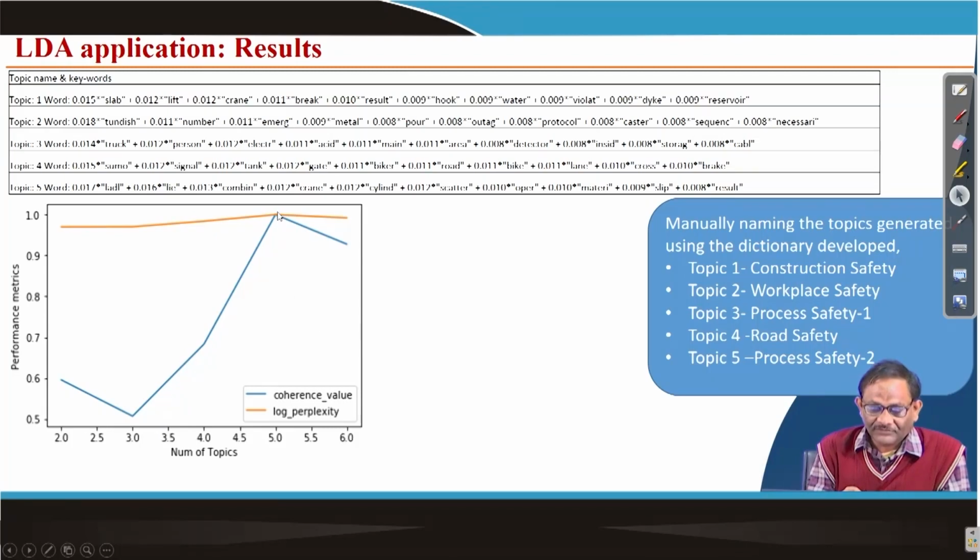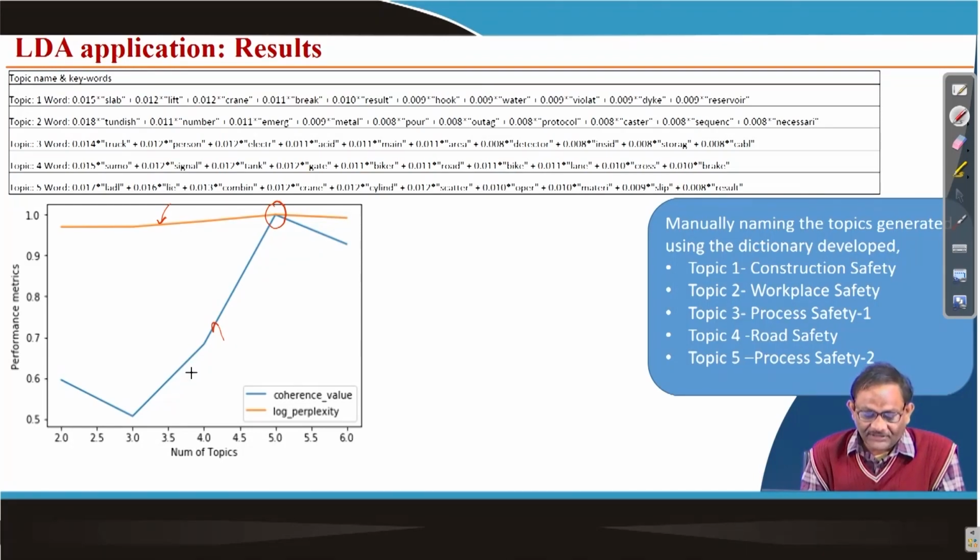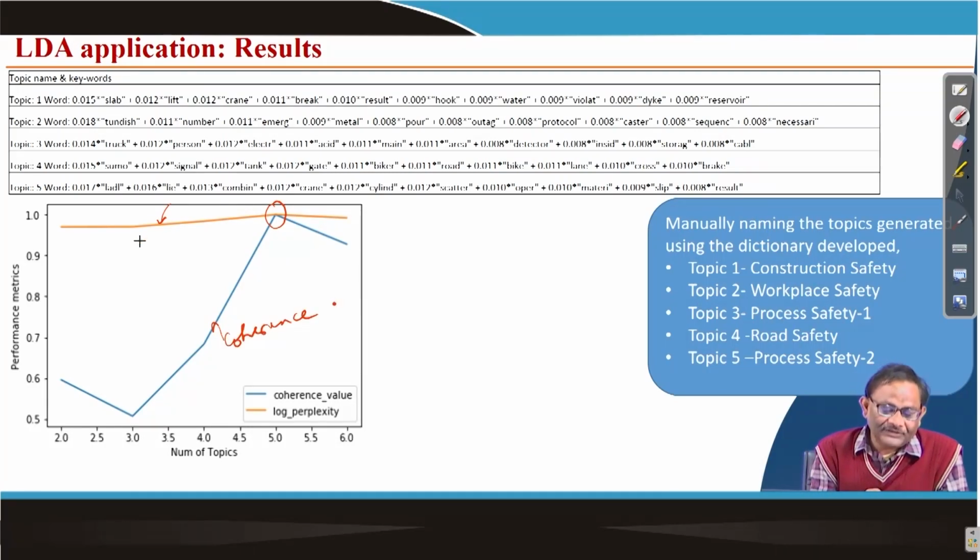That 5 we decide on this point, known as the intersection point, where this one talks about the coherence value and this talks about the log perplexity value. So, this is the coherence value, and this one is the log perplexity value.